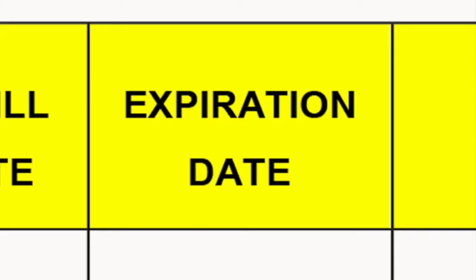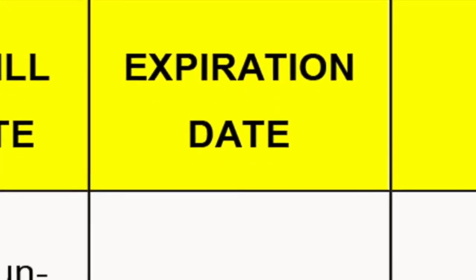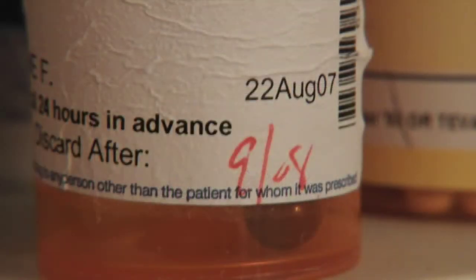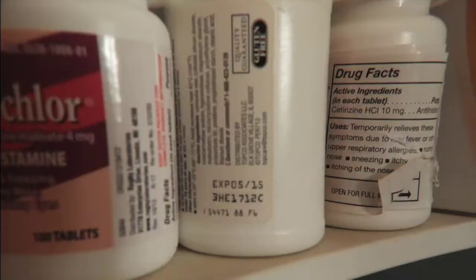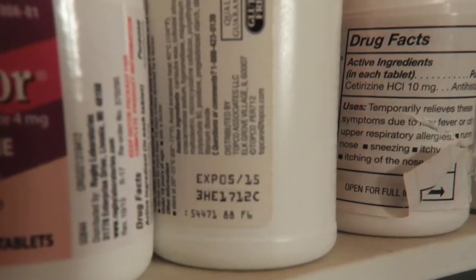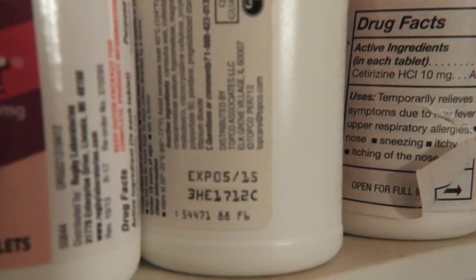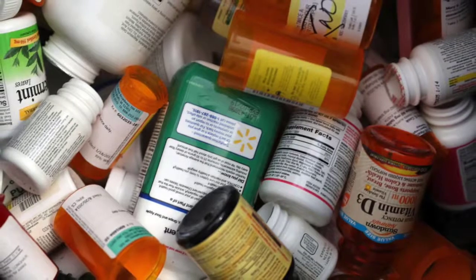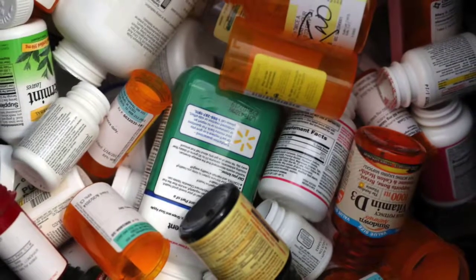And then the expiration date, which tells you when the medication is not effective anymore. It's wise to dispose of out-of-date meds, even over-the-counter meds, simply because they may have lost or changed their potency. Or if unused for a long time, they can be lost or later misused.